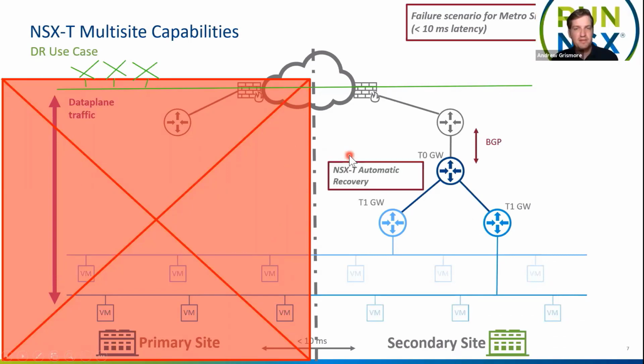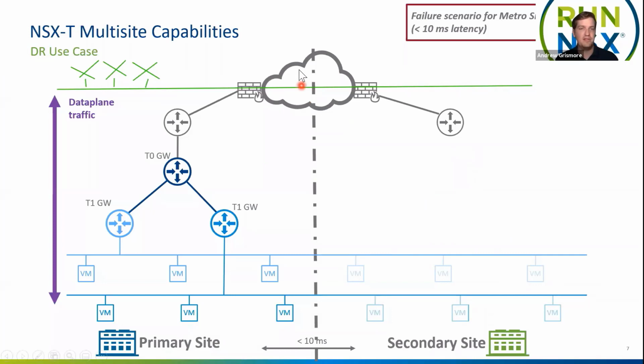So there's a couple ways that you could do it, but to me, the most efficient way, and what we've recommended for our customers, is that we actually have an active tier 0 gateway. And it's important to note that the tier 0 gateway, which is the interaction point between the NSX networks and the physical world, actually resides inside of an edge, most likely a virtual machine.